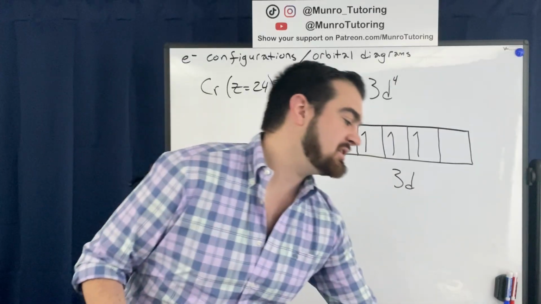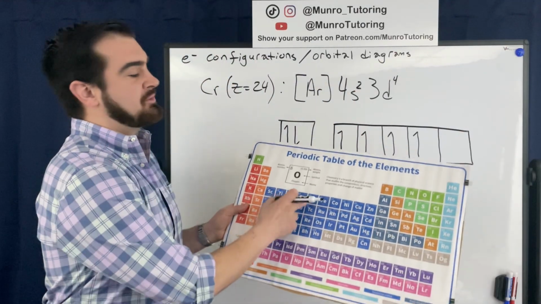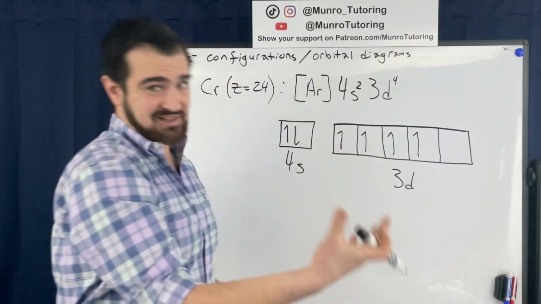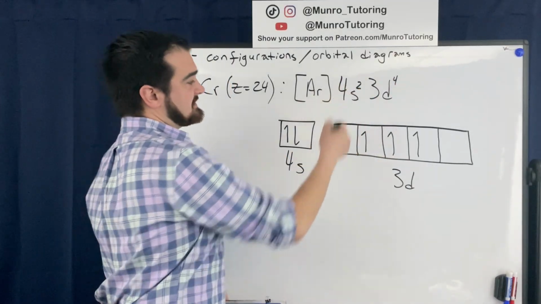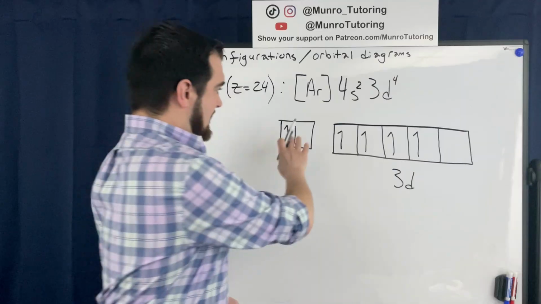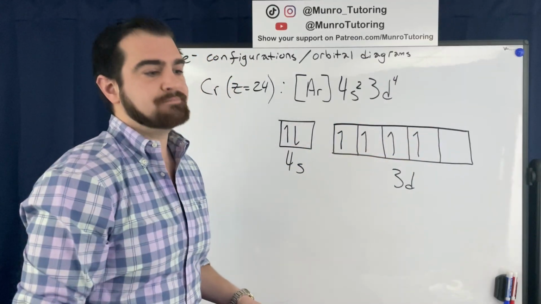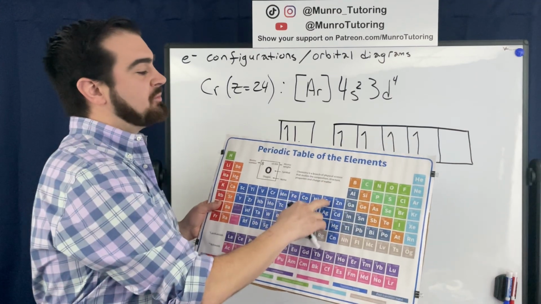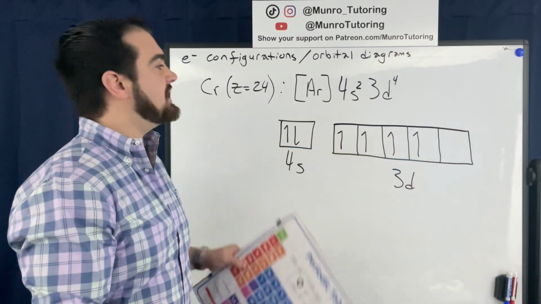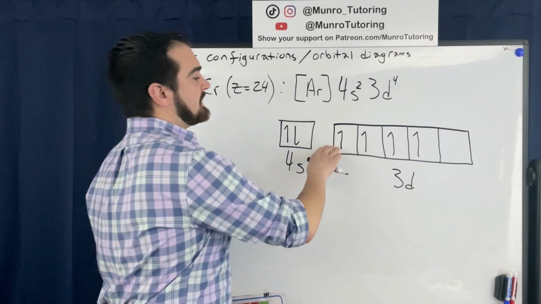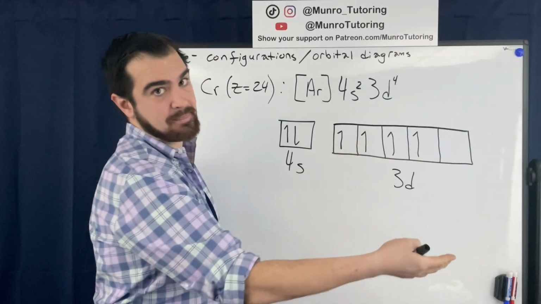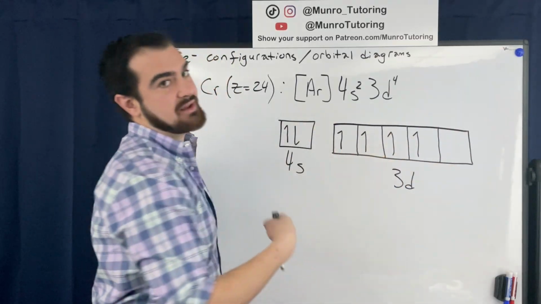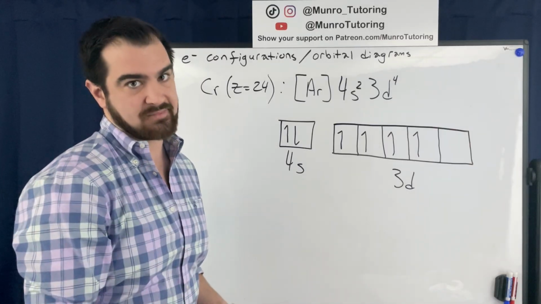So you're going to notice that for elements that are almost half full of the d, like a d4, they're going to snatch an electron from that s that just preceded it and throw it in. And the same thing is going to happen if you are almost completely full. So if you had like 3d9, well, it can actually snatch one of the electrons out of the 4s and throw it in so that you get 3d10, 4s1. All right, guys?